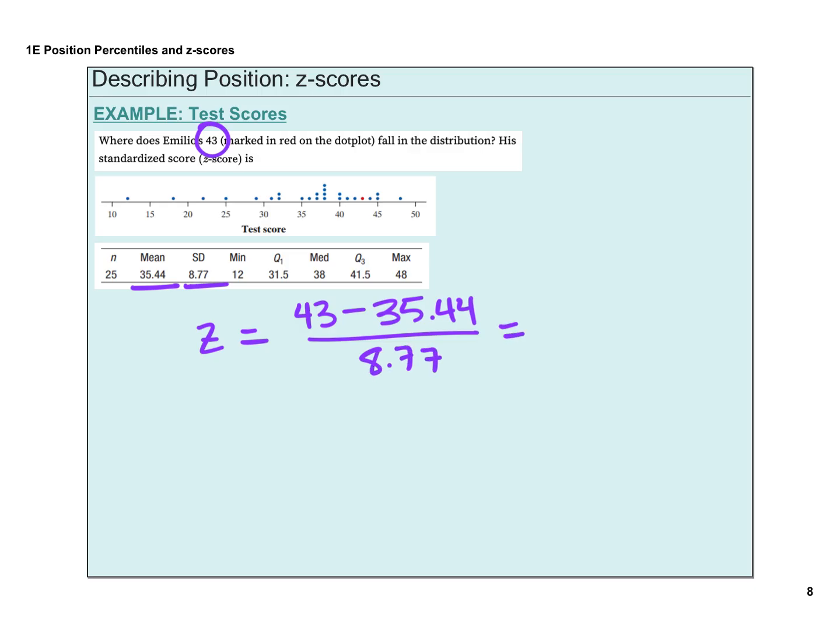If you bust out your calculators, you can do that quick math. 43 minus 35.44 is 7.56, divided by 8.77, and I get 0.86.